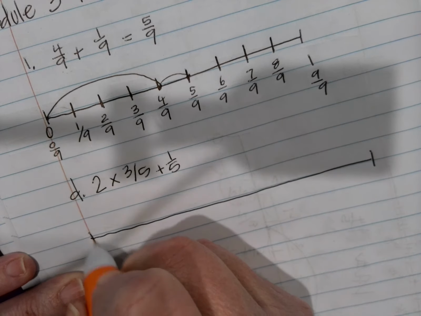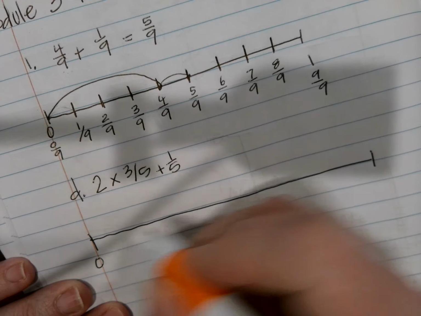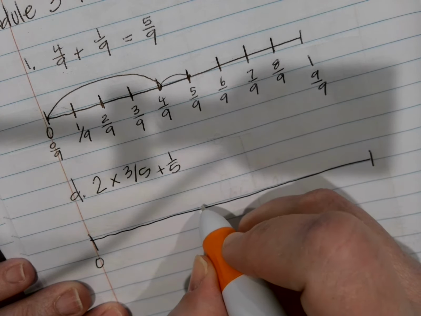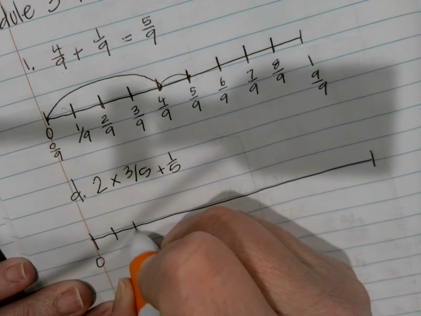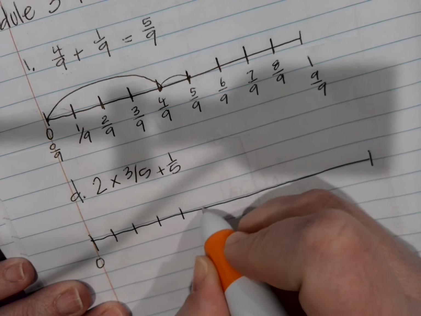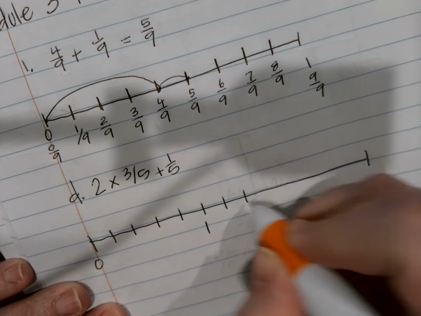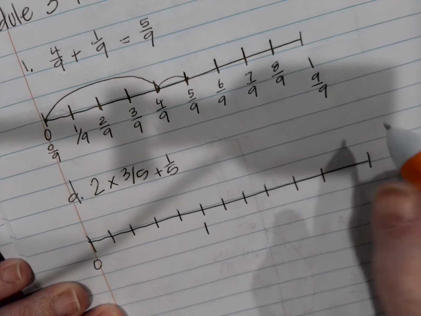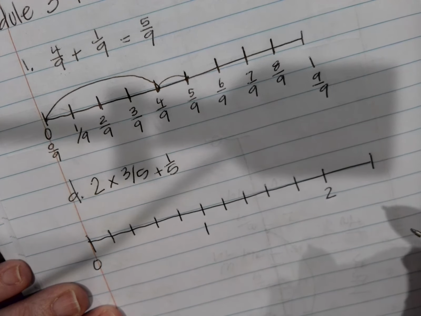Here we go, 0. And we're going to go 1, 2, 3, 4, 5. So this is 1, 1, 2, 3, 4, 5. Okay, and this is 2. And then we could keep going, but we're going to stop at 2.